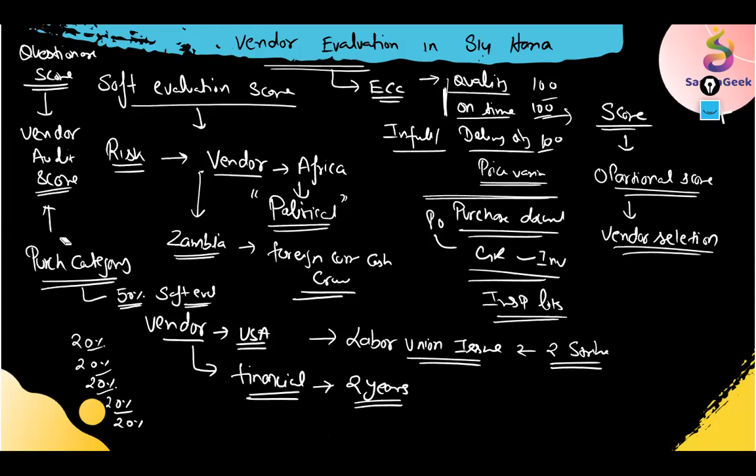I will take a quick pause here to check if you have any question on this basic explanation. I hope you would be able to understand what is the soft vendor evaluation, and why it is required. How it needs to be done, we'll see in the system, but this basic thing now you would be able to know. So if you have any questions till this point, you can ask.